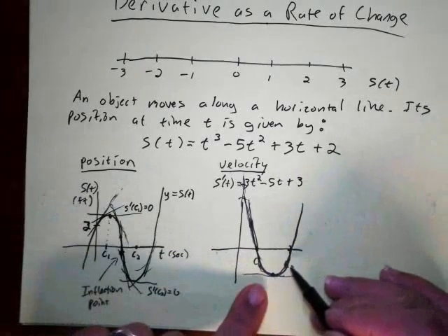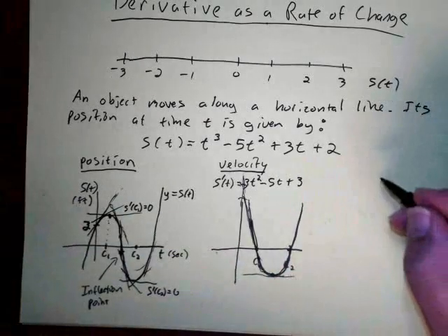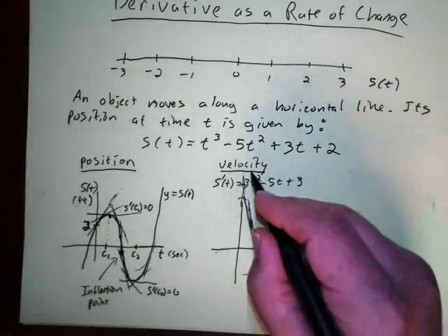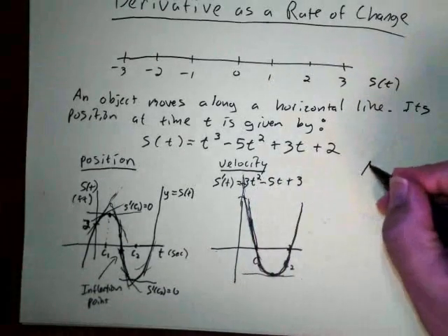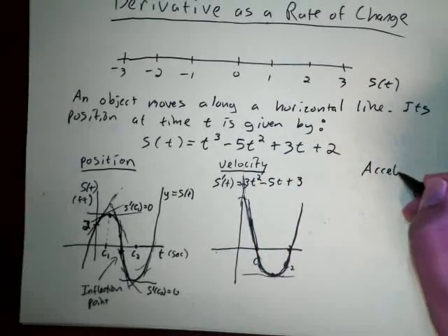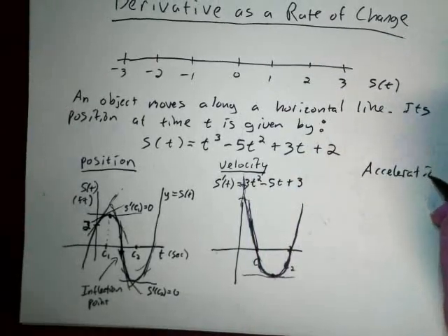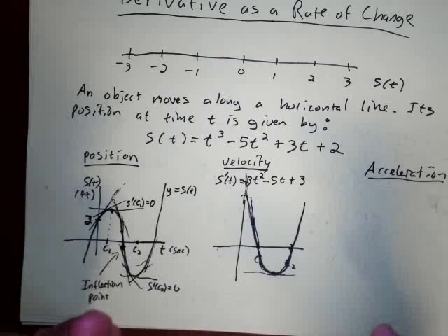So now let's think about this here. Let's take the derivative of the velocity, and if I do that, I'm going to get the acceleration, right? So this is the acceleration of the particle.